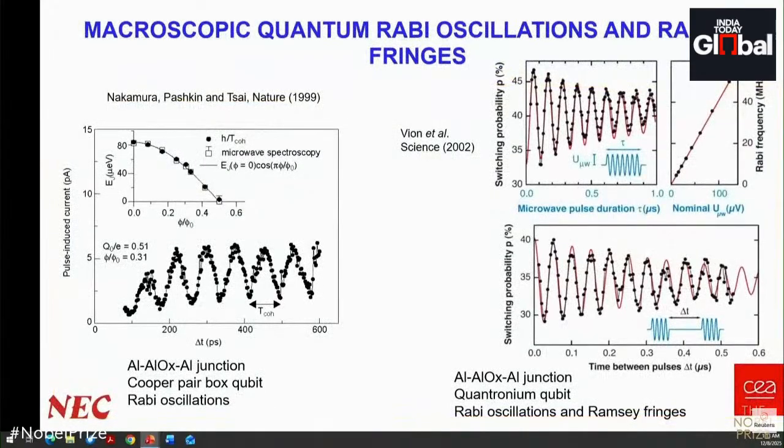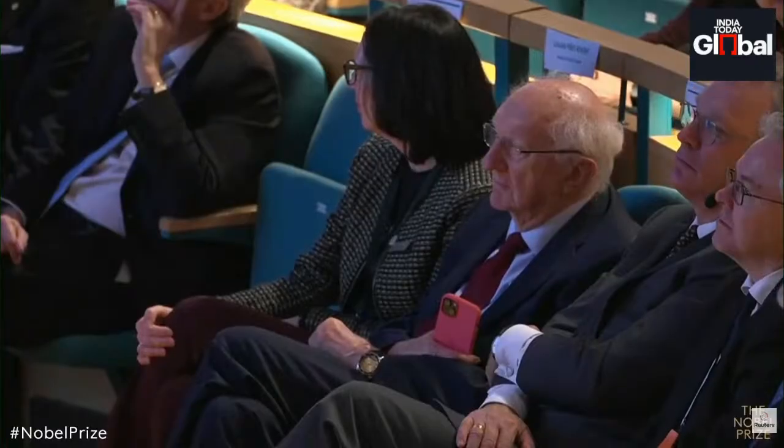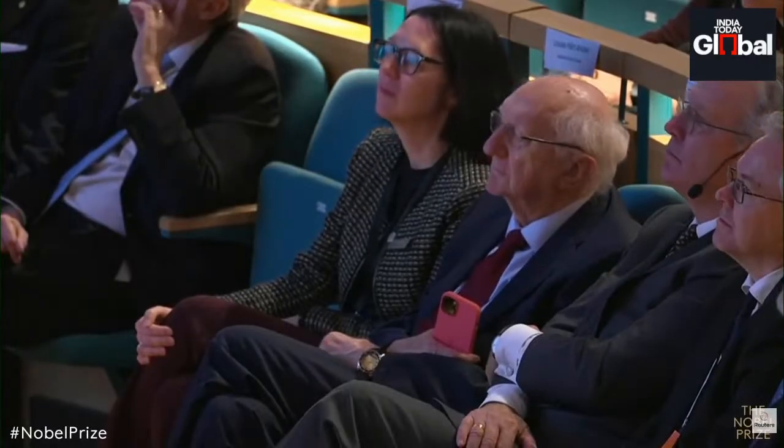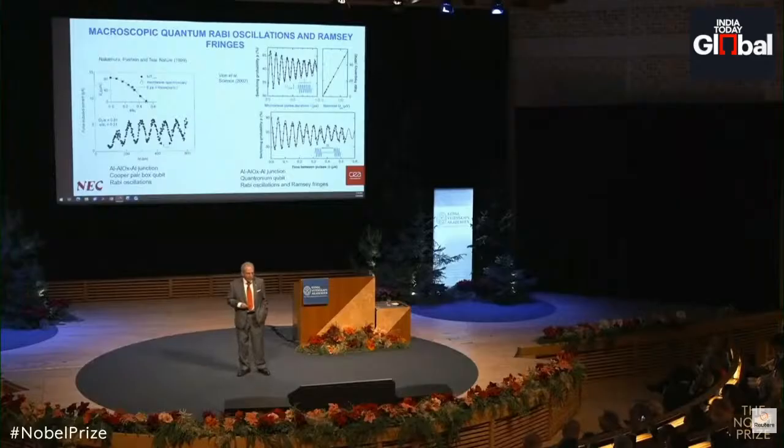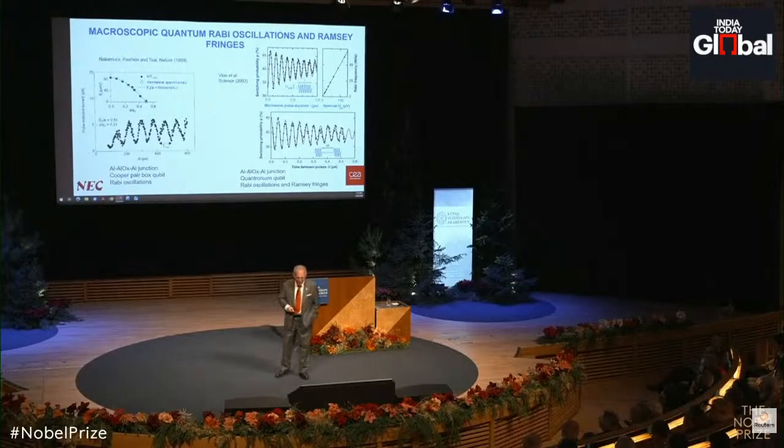I think it's important to mention that 14 years later, colleagues at NEC, Yasunobu Nakamura, Yuri Pashkin, and Jaw Shen Tsai, saw this superposition of the first and excited state, not in the frequency domain, but in the time domain, by doing this beautiful experiment on Rabi oscillation in the Cooper pair box. And Yasu is here in the audience, and it's great.